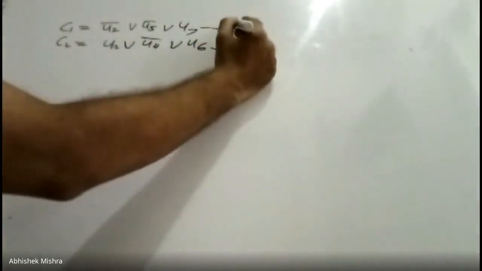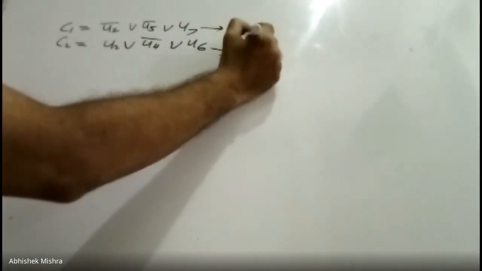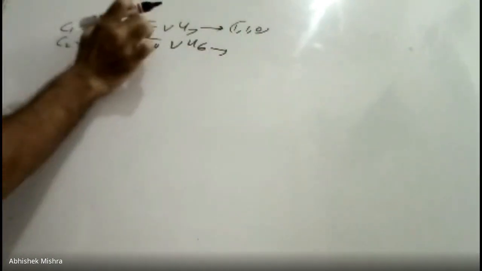Because if you consider any clause like C1, with 3 variables we can have 8 possible assignments to the variables, and exactly one assignment will give value 0, all others will give value 1. For example, in this case, for assignment 1 1 0, it will give value 0. For others, it will give value 1.